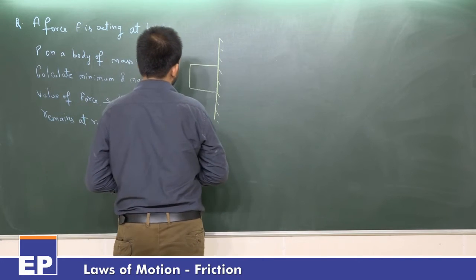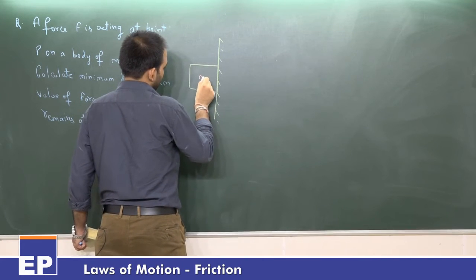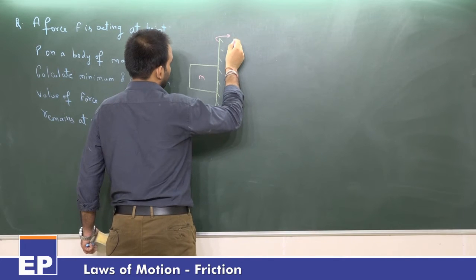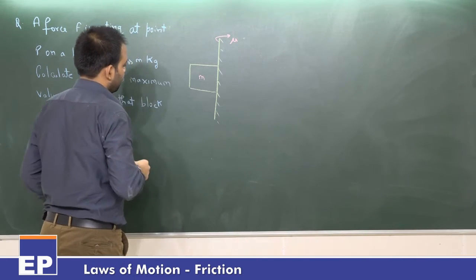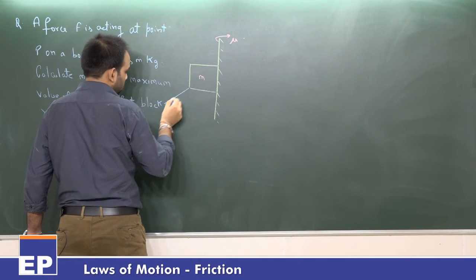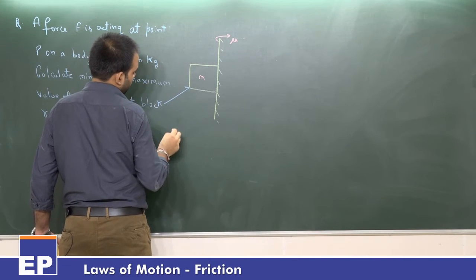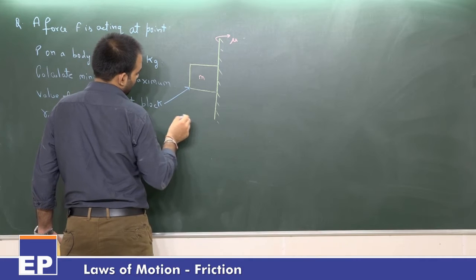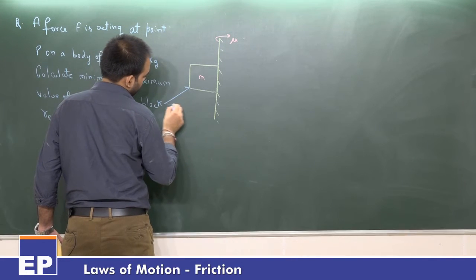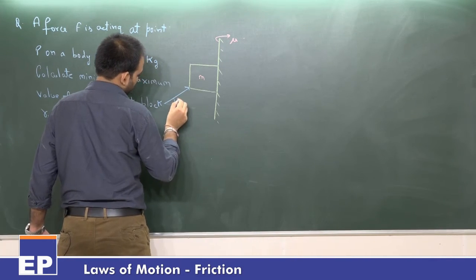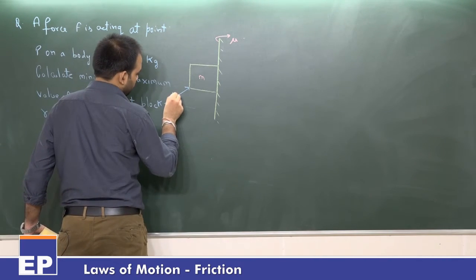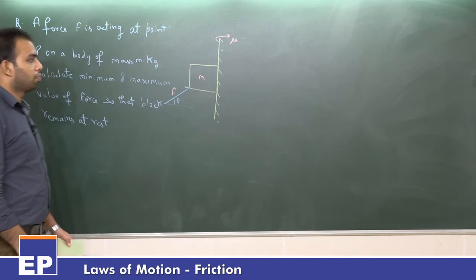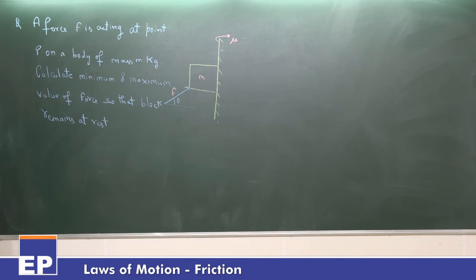Here we have a block of m kg. Here the friction coefficient is mu, the static friction coefficient. The force is applied in this direction at an angle of theta. Now, see what will happen.